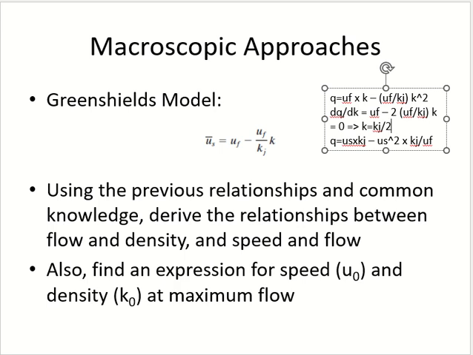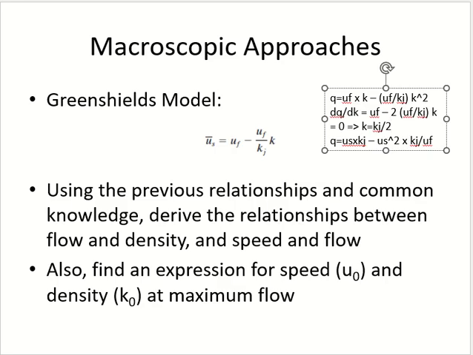Now I'll do the same thing with this equation, right? This one also has slope 0 at maximum. I will take the derivative dq upon what? What is the other parameter here? US, right? There is no k here, so I will take the derivative with respect to US.